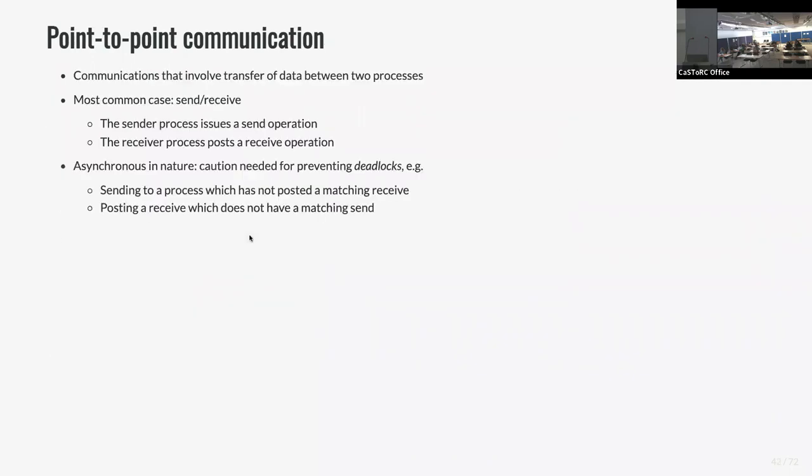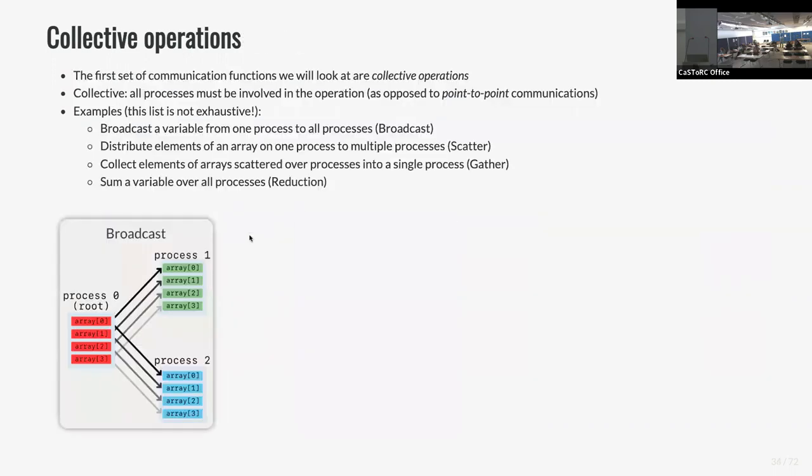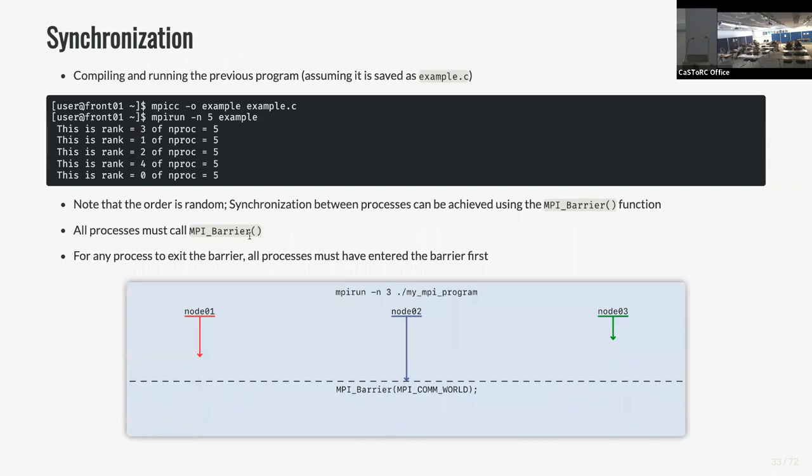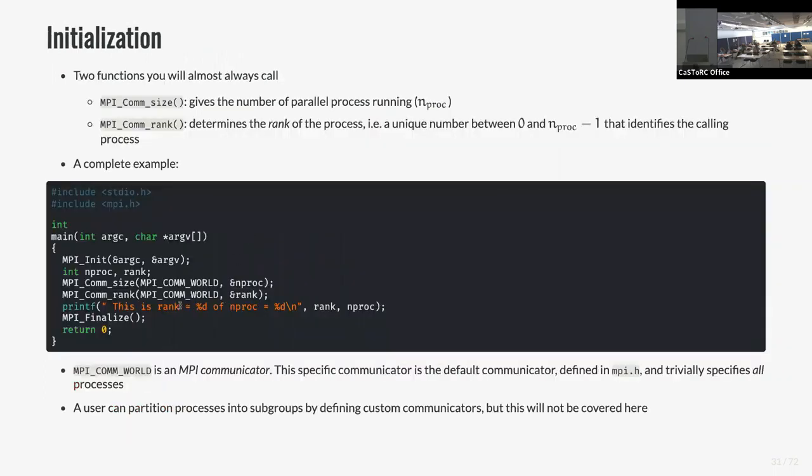Let me go all the way back to see where we introduced these 2 functions. Right, here it is. You need to call MPI_Comm_size with MPI_COMM_WORLD and nproc, and MPI_Comm_rank with MPI_COMM_WORLD and rank.